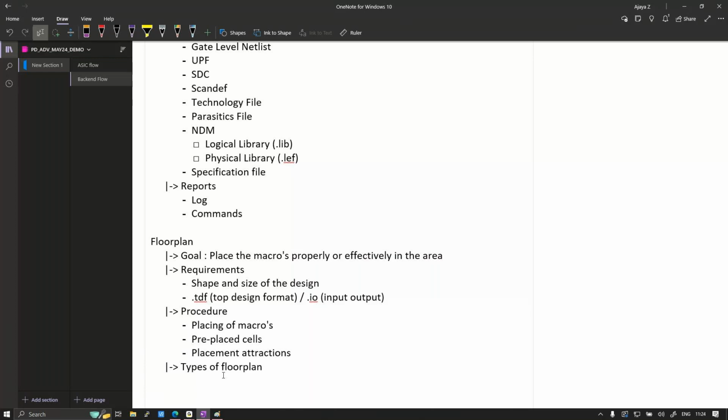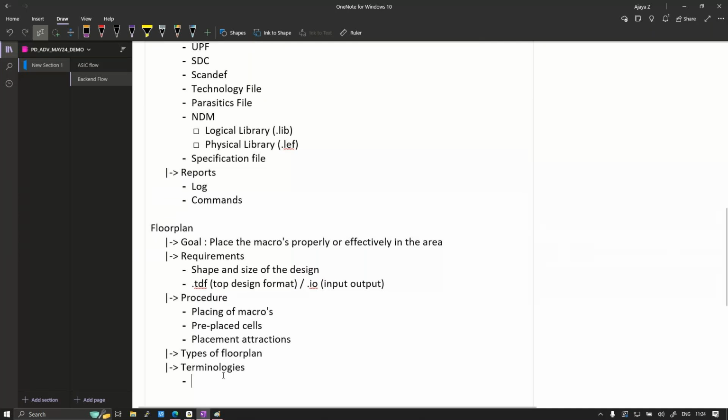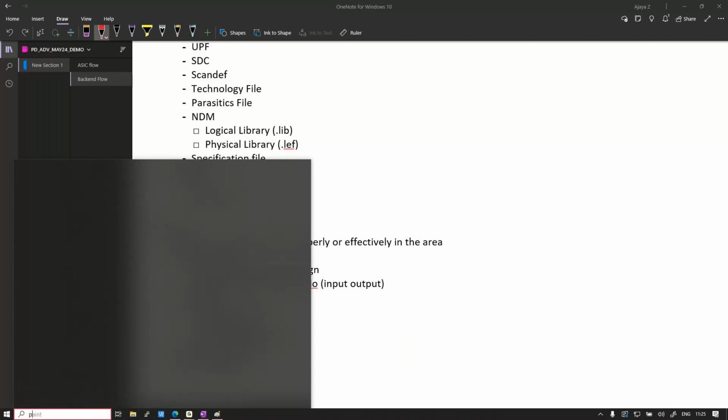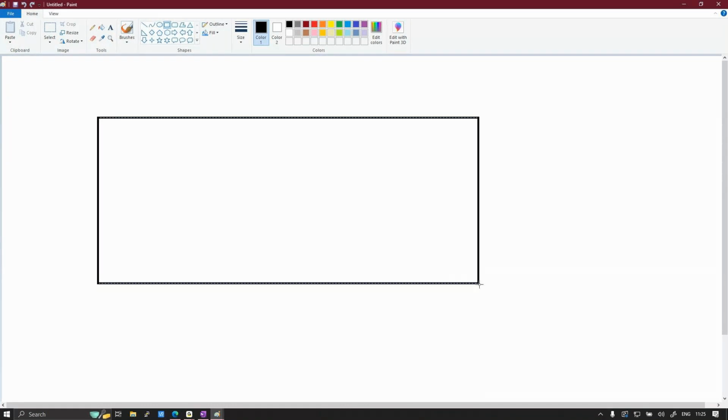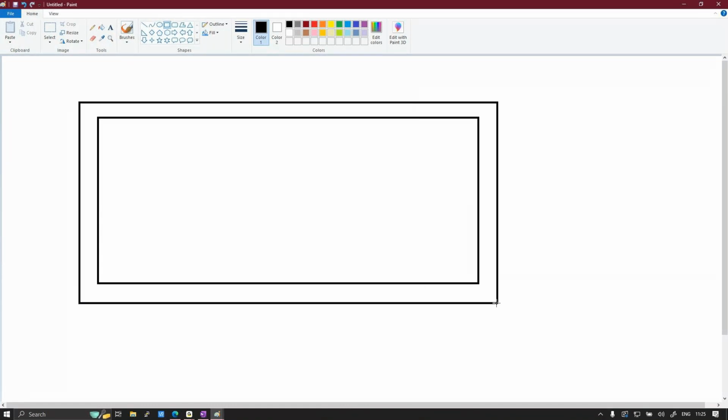I'm not writing in a proper order, that will be interchanged. Okay, and there are multiple terminologies supporting this floor plan. We are just saying one term, design. There are different terms and multiple sub-terminologies inside this floor plan.